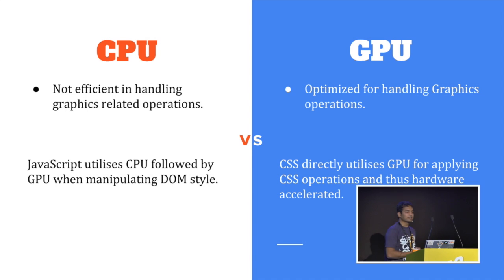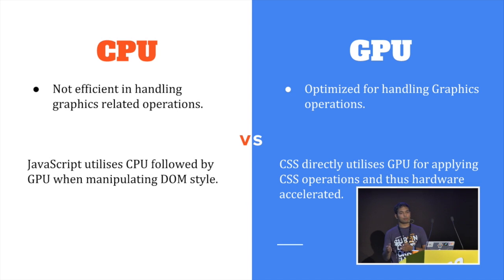So we need to understand that JavaScript utilizes the CPU, which is followed by the GPU when it is manipulating style. So what you want to avoid is using JavaScript to trigger style operations or to manipulate your DOM. In those cases, you'll want to use CSS instead of JavaScript.